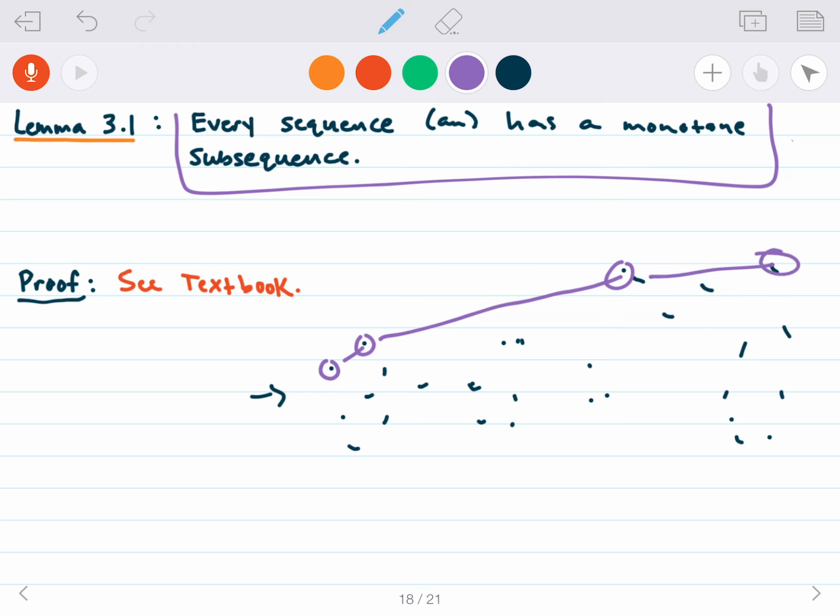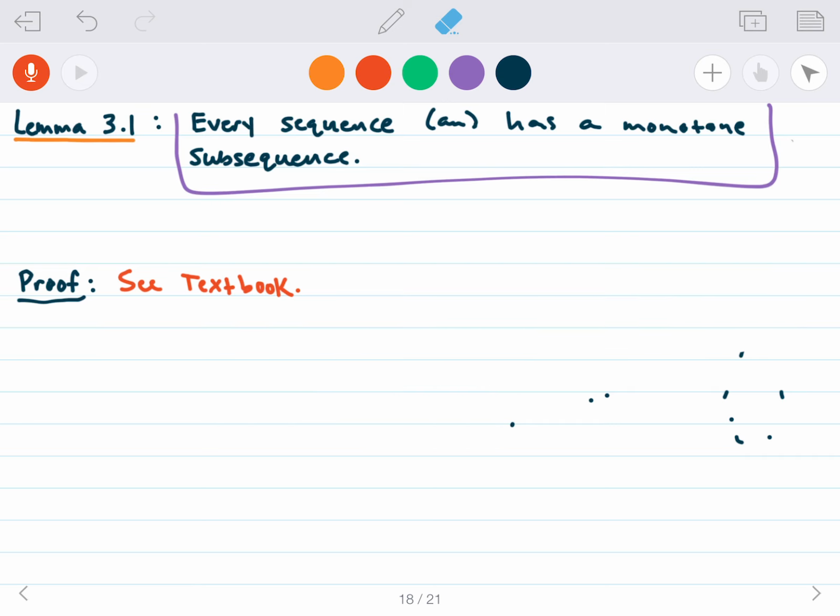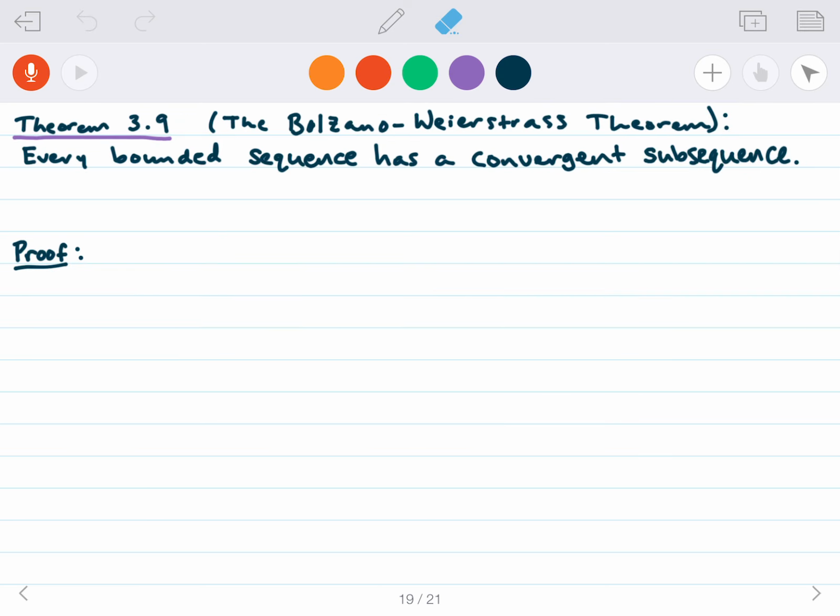And you can do the same thing with the valleys. But anyway, if you want a comprehensive proof of this, you can look at the textbook. But we're going to just use this and take it for granted here. So every sequence has a monotone subsequence. And so this is our last big theorem that we're going to need.